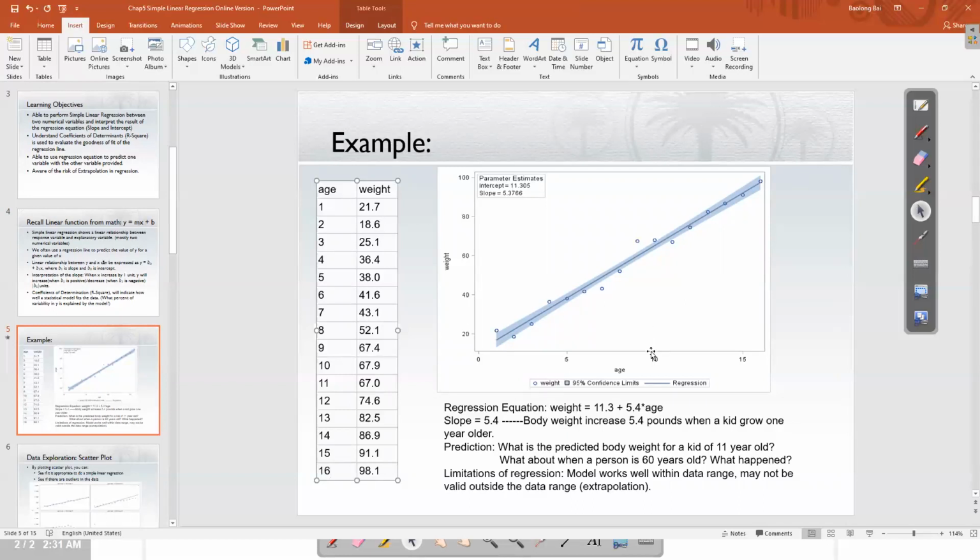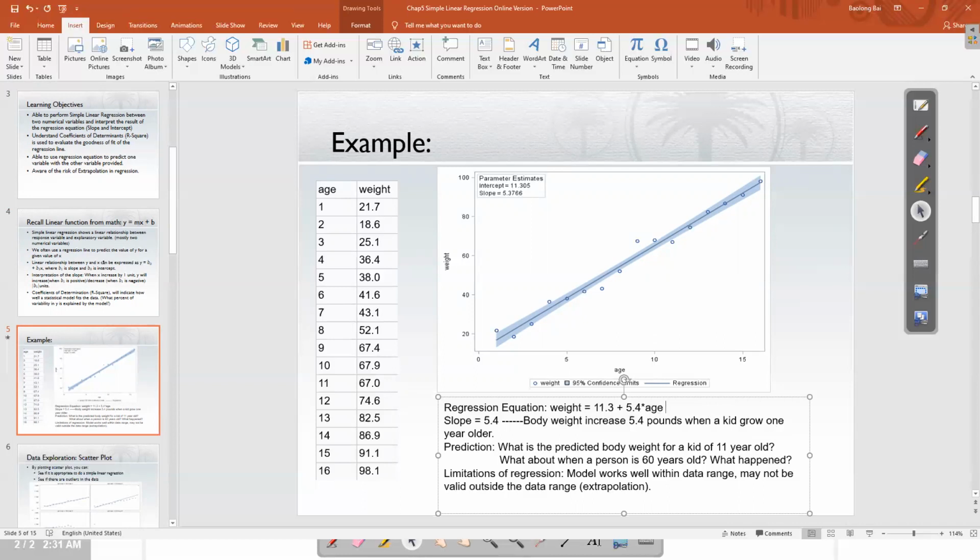So here we use software to get the slope and intercept, and later on we're going to talk about how we manually calculate it. So slope equal to 5.4 and intercept equal to 11.3, as given here. So then the equation will be y, body weight, equal to b0, 11.3, plus b1, 5.4, times age.